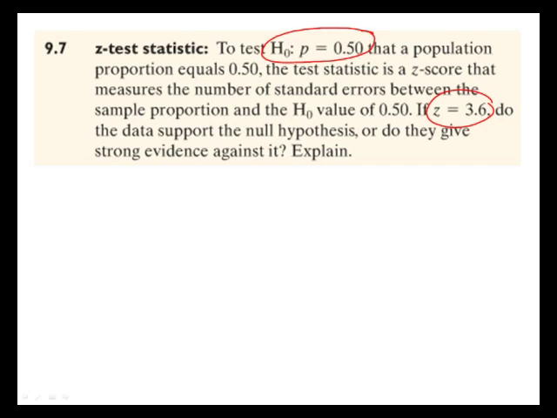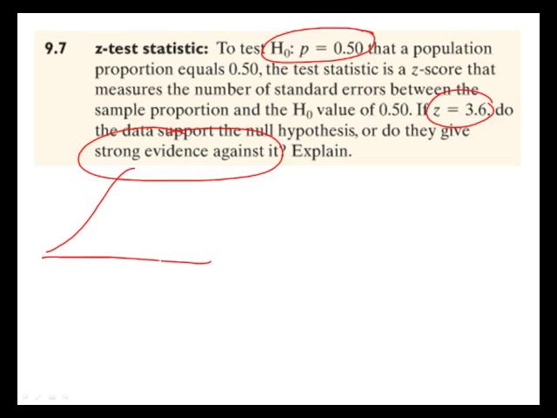Yeah, strong evidence against it. Why? Because 8 is greater than 4. Even if it weren't, it could theoretically be less than, but surely it's more than or not equal to one of those two.